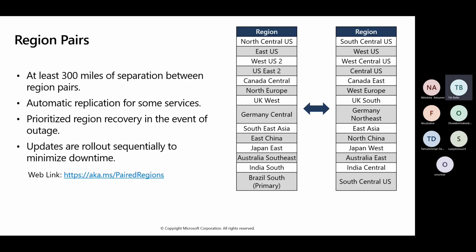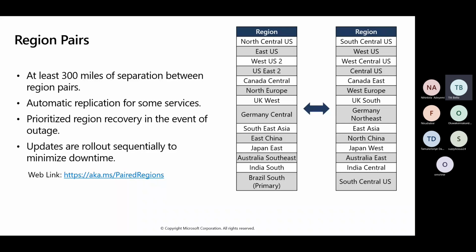Then some services provide automatic replication to the peer region. It's not all services that can automatically replicate to another region; it's only some selected services. In an outage, recovery of one region is prioritized out of every peer.